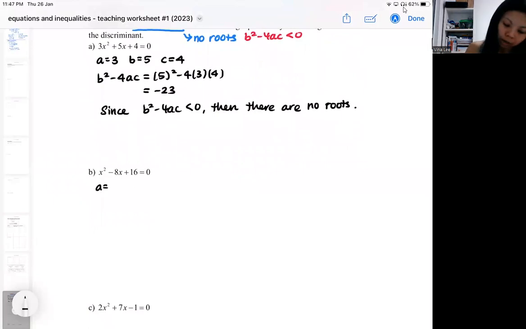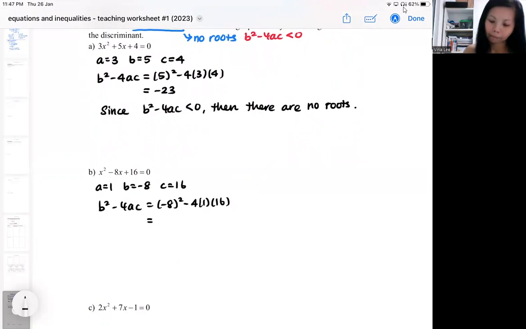So get your ABC so that you can calculate the value of the discriminant. So punch your calculator. In this case, you will get a 0. So this time around, the value of 0 discriminant implies that this equation will have one root.